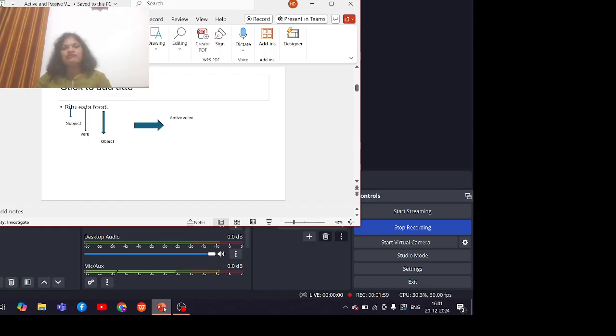Ritu eats food. But when we change the sentence from active to passive, now look at this sentence, food is eaten by Ritu. Now the object became the subject and the subject is the object now in this sentence. Food is eaten by Ritu is in the passive voice.